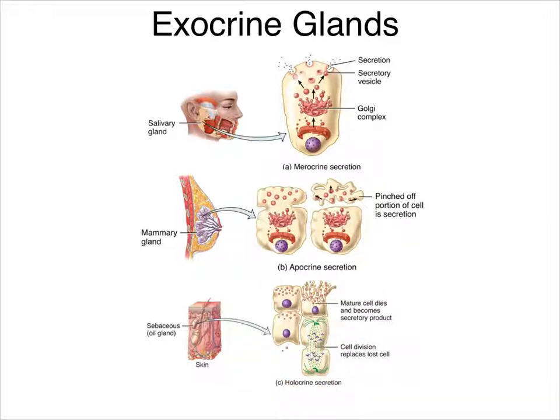Last, there's holocrine secretion. This is where you have one cell. It divides into two cells, and then the top cell totally dissolves. And then the bottom cell divides again. This is holocrine secretion because the whole top cell is coming apart.